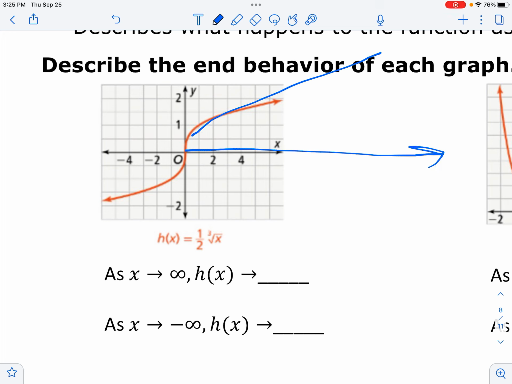We're really saying h of x is doing what? Is it going up or down? You can see that it's continuing to go to the right, but it's also going up. So the y value is approaching infinity. In other words, it's going that way.